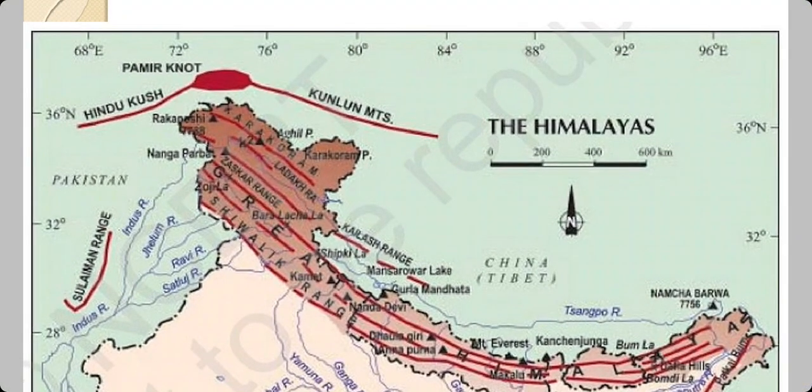Now, this is the northern mountains. On the northwest, we have the Suleiman Range, which now lies in Pakistan. We have the Pamir to the north, lying in Uzbekistan, and it consists of the Hindu Kush and the Kunlun Mountains. Then we have three ranges about which you have studied in 9th standard also. Now, they are known as the Greater Himalayas, the Middle Himalayas, and the Shivaliks.